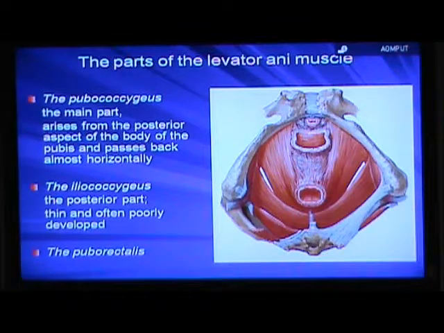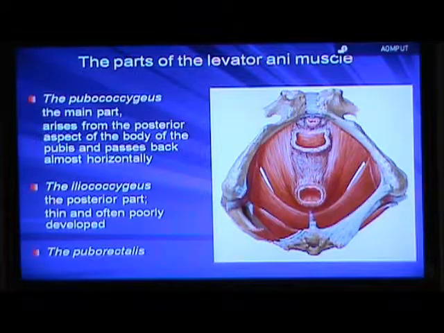The levator ani muscle is composed of three parts. The pubococcygeus, the main part, arises from the posterior aspect of the body of the pubis and passes back almost horizontally. The iliococcygeus, the posterior part, is thin and often poorly developed.